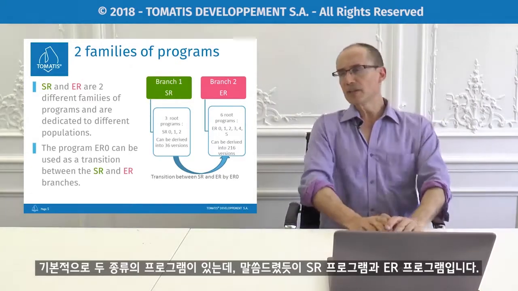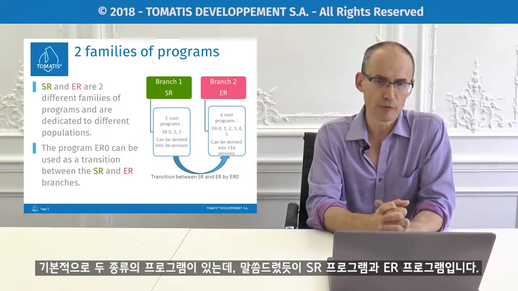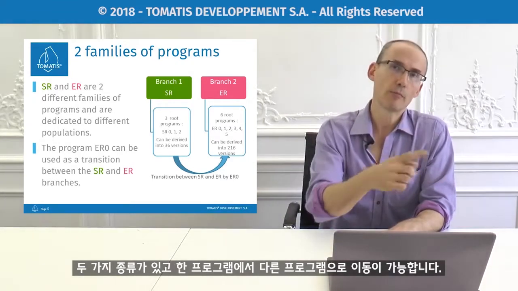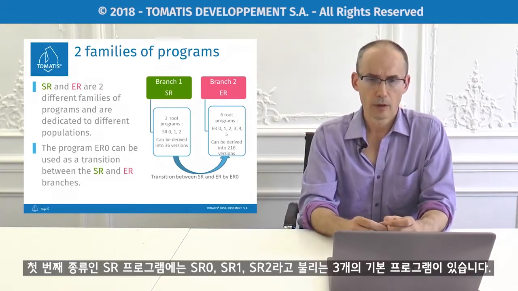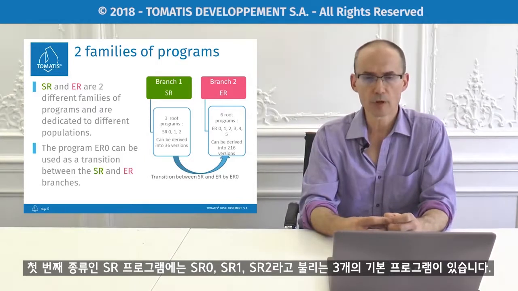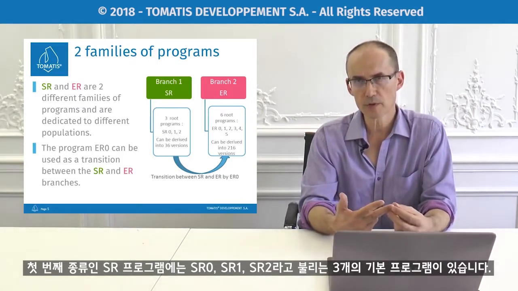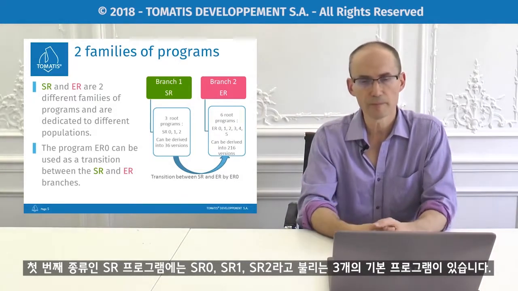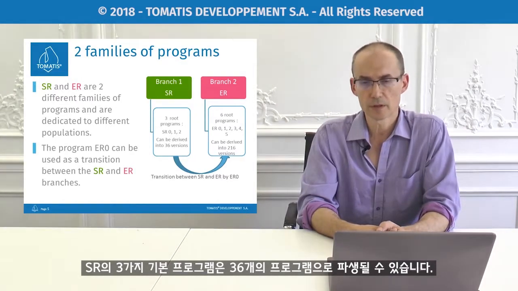So we have basically two families of programs, the SR program and the ER program, two branches, and there's the possibility of passage from one branch to the other. In branch 1, the SR program, you have three root programs called SR0, SR1, SR2. And you will see that these three root programs can be derived into 36 versions.